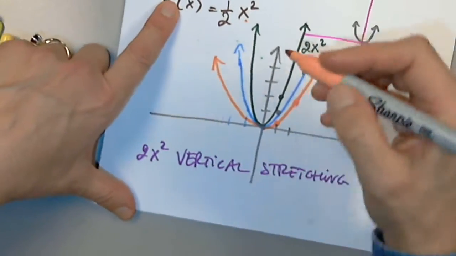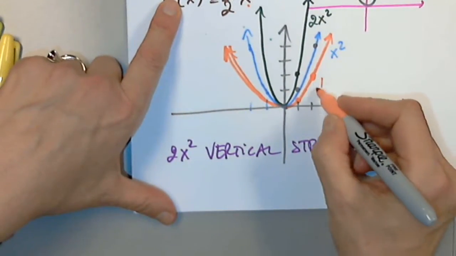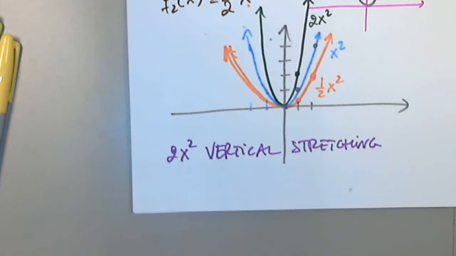So exaggerated on the left-hand side. Sorry about that. It's a little bit less. Okay, so this is 1/2 x squared. So when we multiply x squared, outside of course, by a number less than 1, what happens? When I multiply by a number greater than 1, this happens. When I multiply by a number less than 1, this happens.